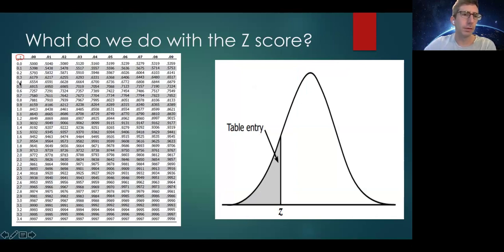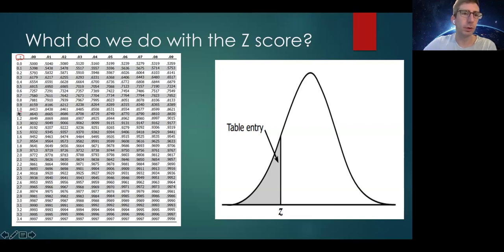And then for the first two places, the whole number and the 10th place, and then going to the right gives us the 100th value of a z-score. So what you do is you find your z-score.